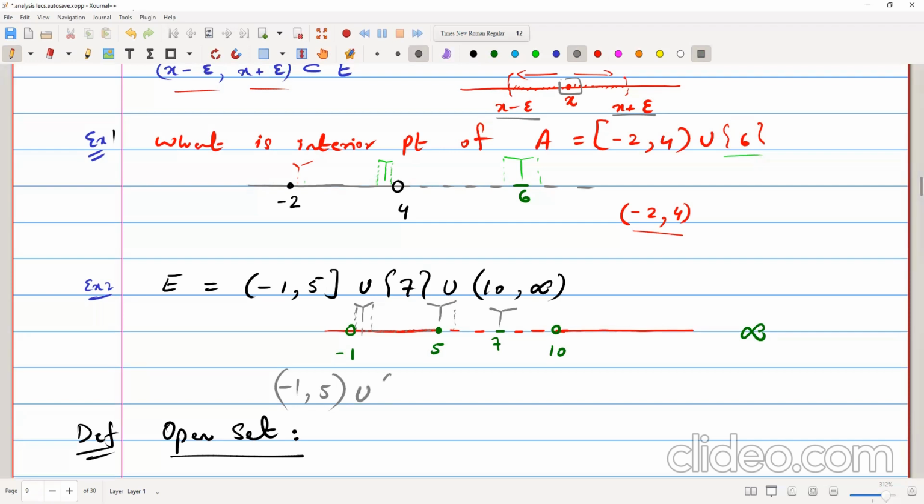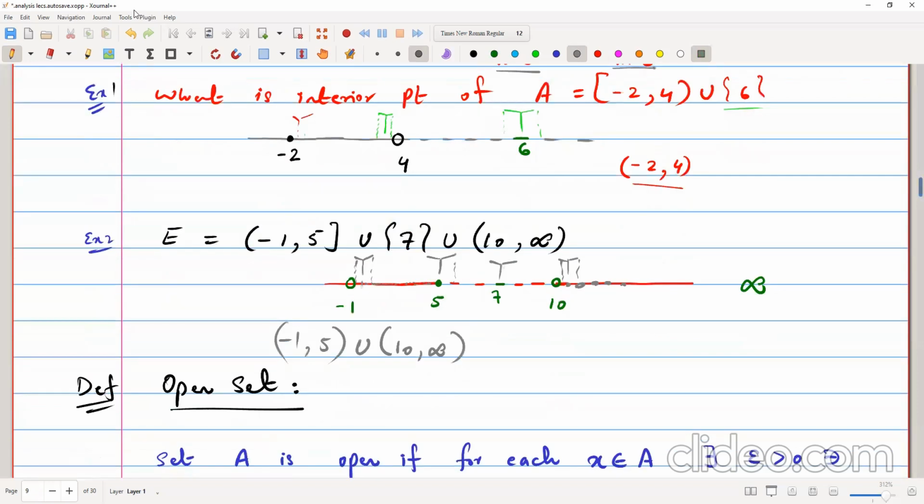But for 10, now we can stand inside 10 and we can expand our hands and we will get positive and negative epsilon. So this 10 is fine, and to infinity, all these points will be interior points. So this is the philosophy of interior points. We can write the interior points of sets in this manner.